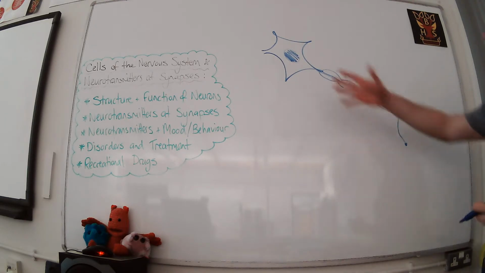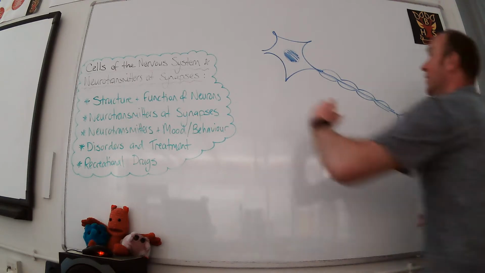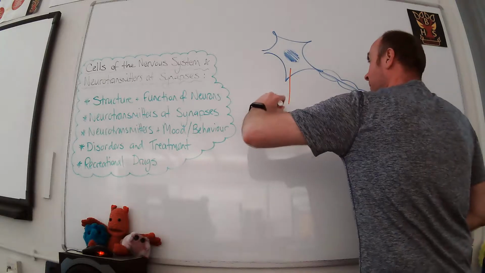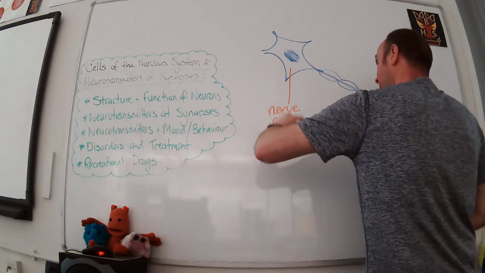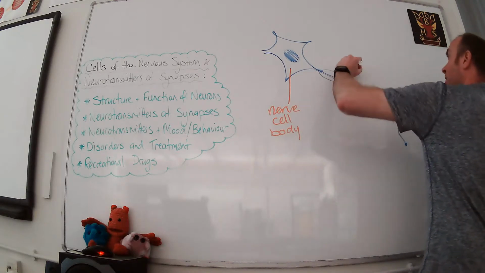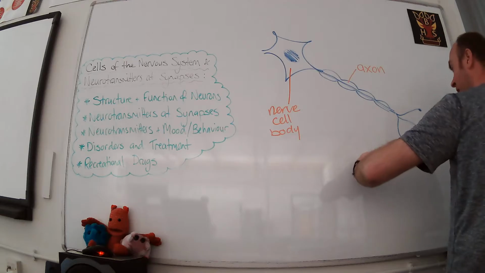So that's your basic standard nerve cell, or neuron. To label the parts, this is called the nerve cell body. That is called the axon. These are called the axon terminals.